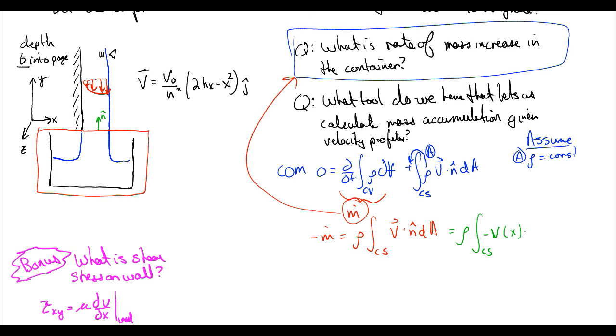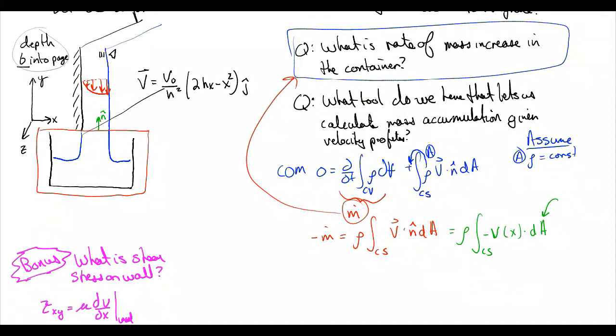The next thing we have to do is figure out what our differential area is that we're going to integrate over, right? In this case, our problem extends into the page. It says right here, depth b into the page, like this, right? And we have a fluid flowing down our surface, coming down like this, and it extends into the page depth b.